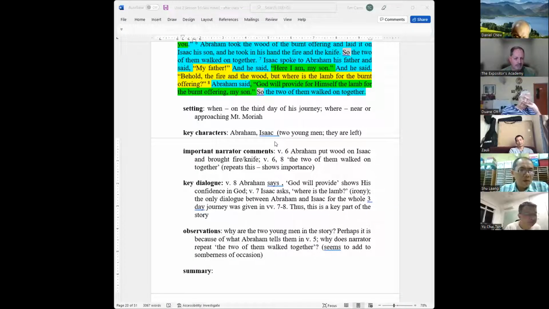May I add something? Yeah, shoot on. Okay, the first point is regarding the faith, and the second is the sonship obedience.